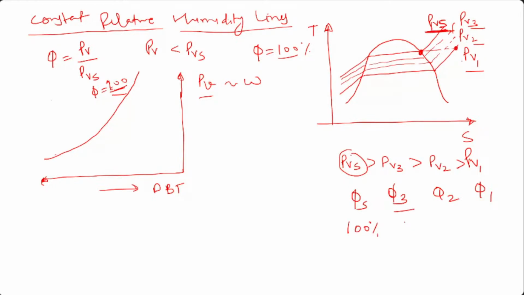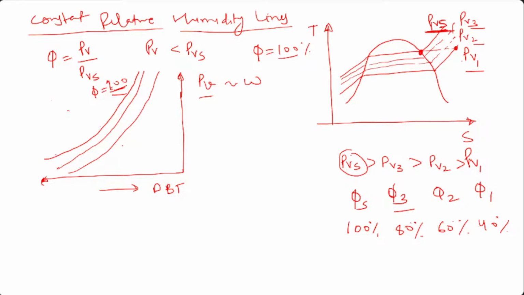Phi s is always 100%. There is a phi 3 that may be your 80%, that may be your 60%, that may be your 40%. The trend of this relative humidity line would be the same, but it will be below this, like that.